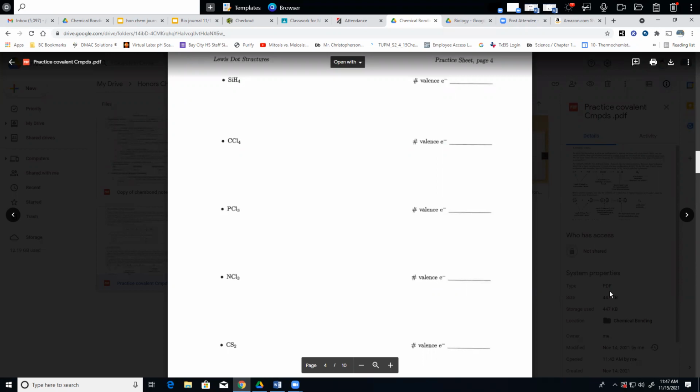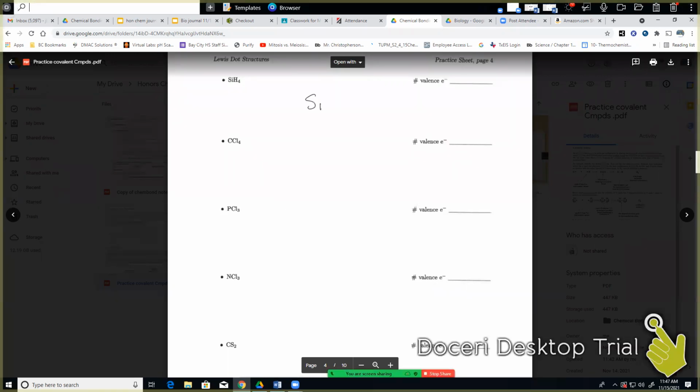All right, so let's start with that first one. I have silicon and 4 hydrogens. I know silicon has to be in the middle because we said hydrogens are terminal. So I'm going to get myself a rough draft here. Now I need to find my total number of electrons. Silicon is in group 14, so it has 4.